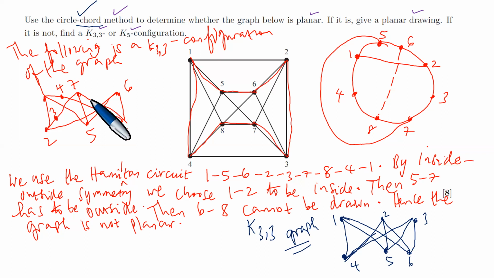So you choose a Hamilton second, like we saw. Then you pick a chord to draw. How do you pick a chord? Like you chose this Hamilton second, we chose this one.